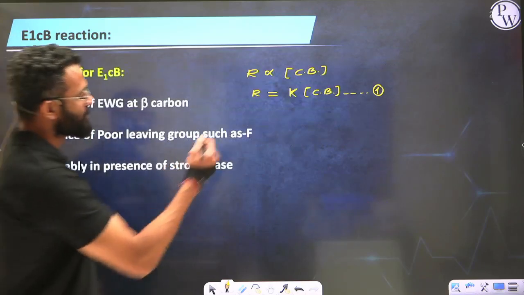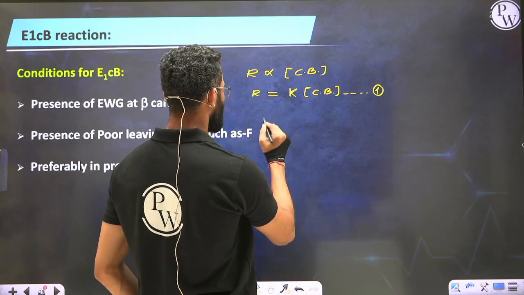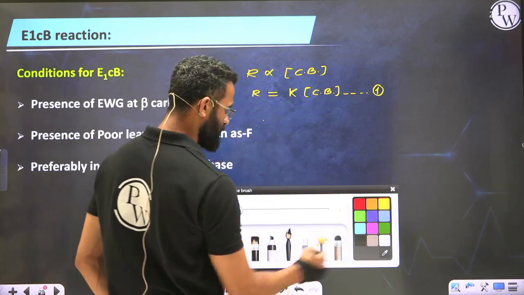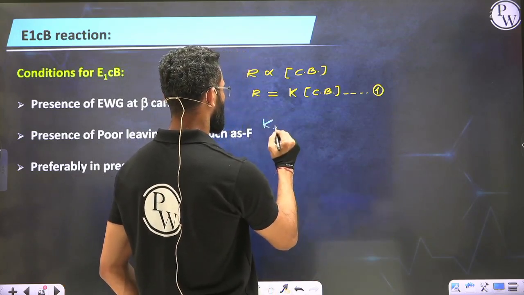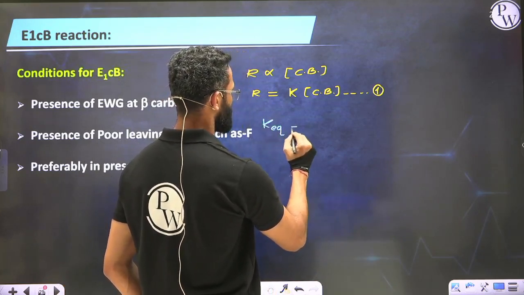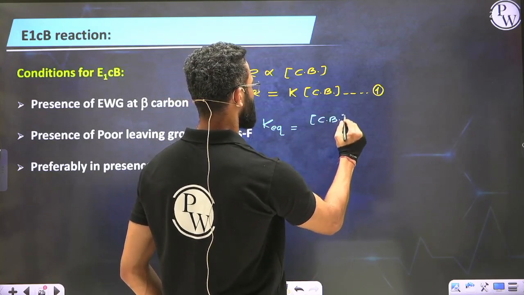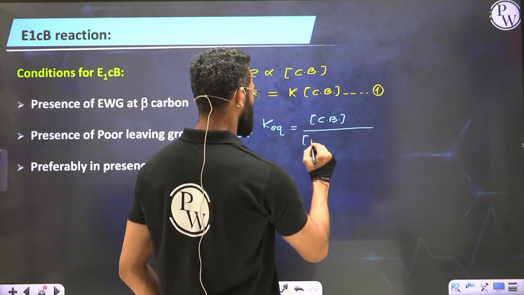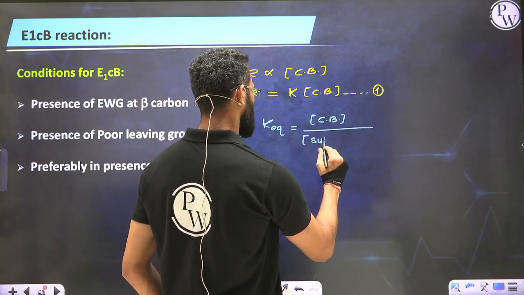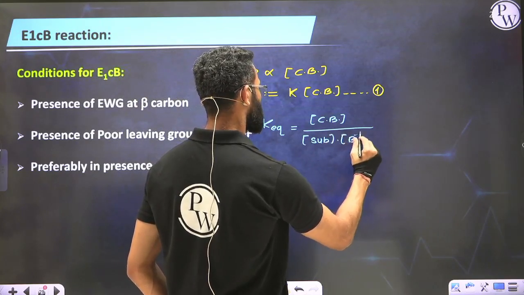So K equilibrium is equal to the molar concentration of product, which is the conjugate base, upon the product of molar concentration of substrate into strong base.